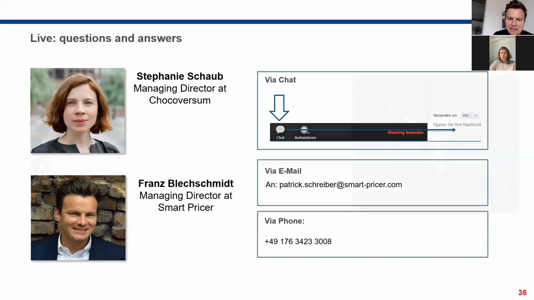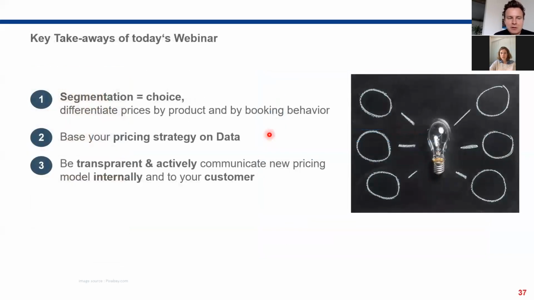Overall, I'd like to close this webinar with 3 key takeaways from our side. First of all, if you go into the pricing journey, so if you decide pricing is something I would like to pursue, be aware to consider segmentation, which is also the product.